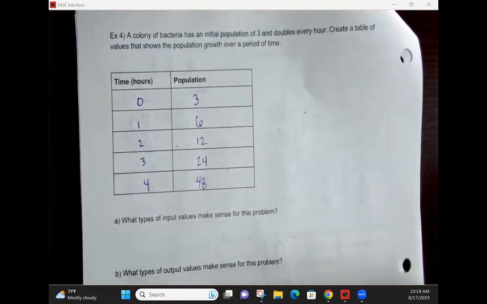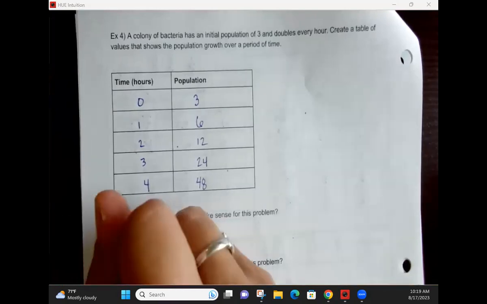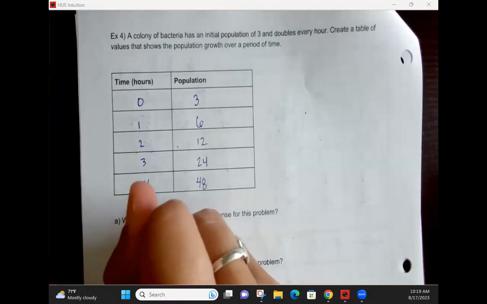that description that we have. So we talked about this one already. What type of input values make sense? We selected positive whole numbers. We also said they don't have to be whole numbers, so I just need positive real numbers.